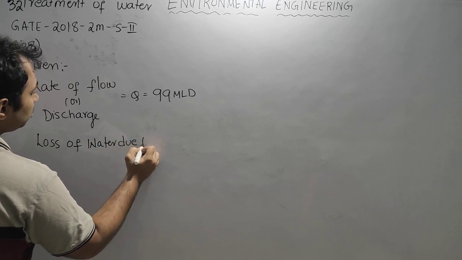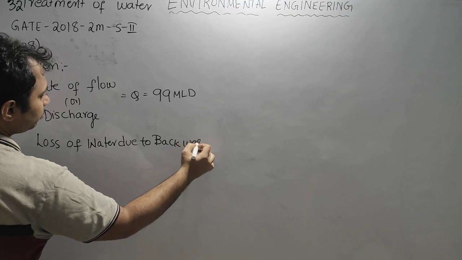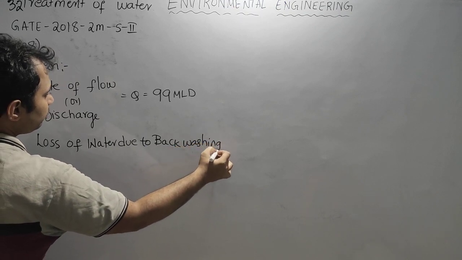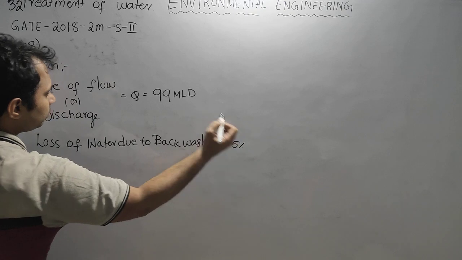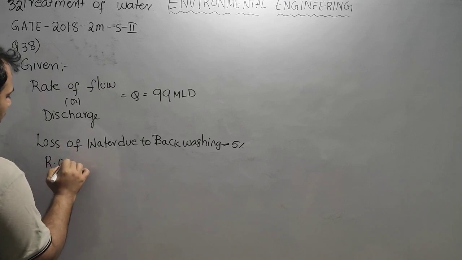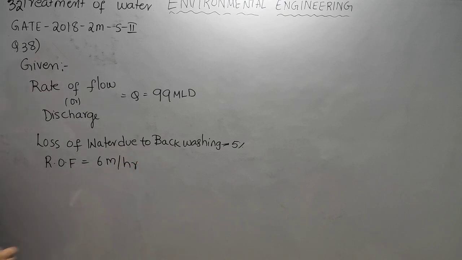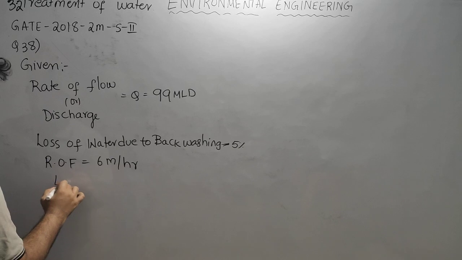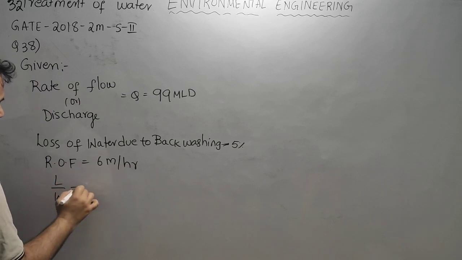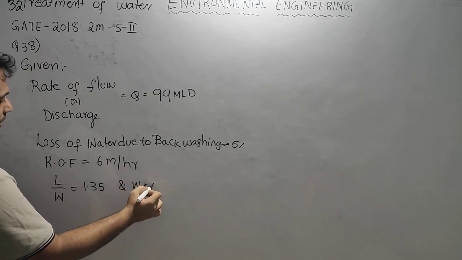Rate of filtration is 6 meter per hour. The length to width ratio of the bed is 1.35 and the width is kept as 5.2 meter.